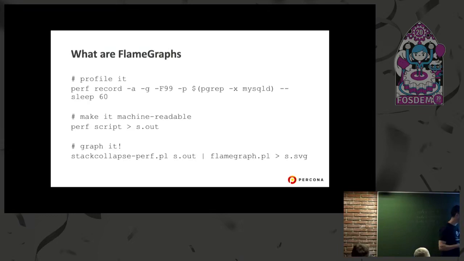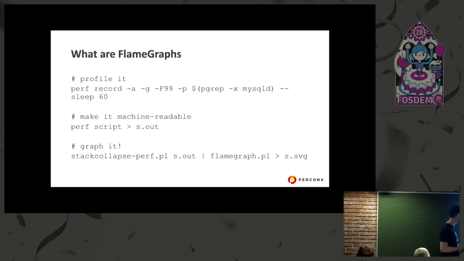And -p, this is the little trick, so you don't have to do ps and get the PID every time, if you're running a single instance, of course. If you have multiple ones, then this is not going to work. And we are going to profile this for 1 minute. We are going to create data for 1 minute.